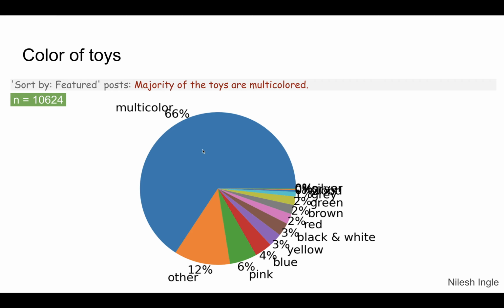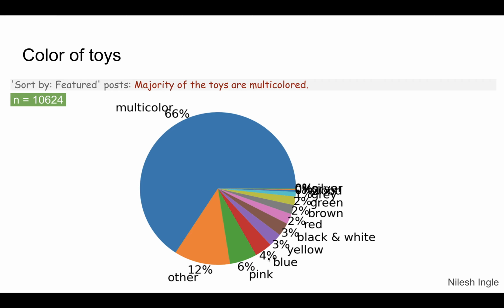So 66%. So if I'm going to try to sell a toy on Amazon, then I think that toy would have a better chance of being sold if it is a multicolor toy. And that would also mean that we'll have more competition. If you look at just a single color, then 6% of the toys are pink.